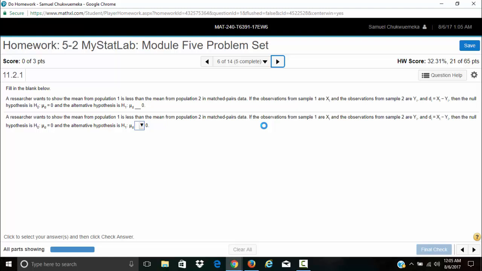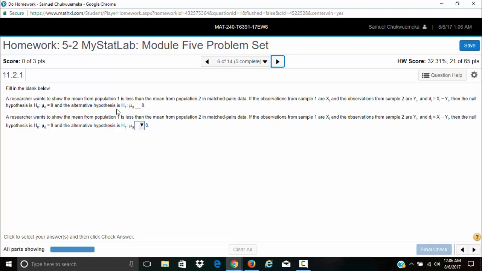Alternative is what you want to show, the claim that the population mean from the first population is less than the population mean from the second population.